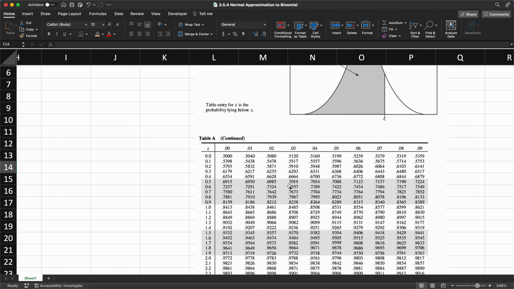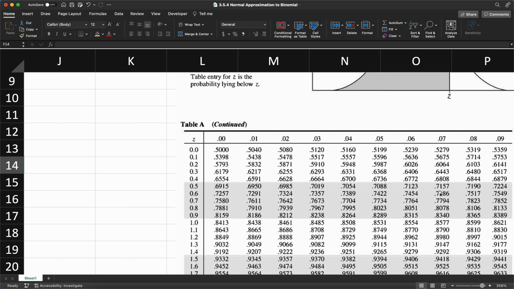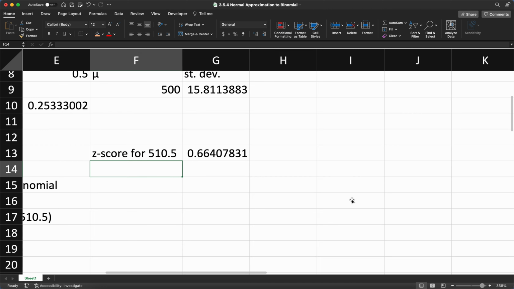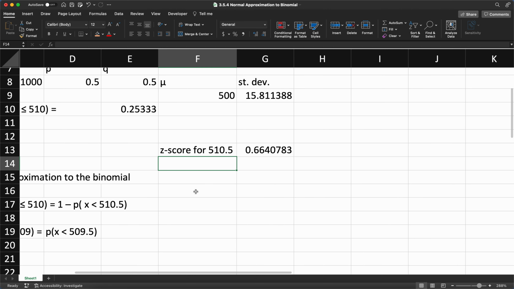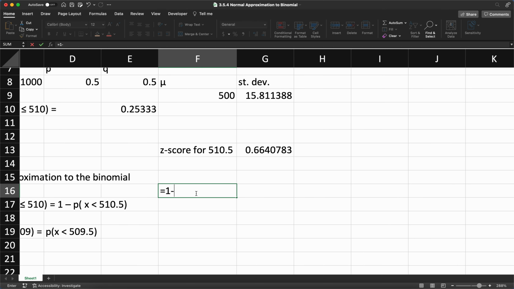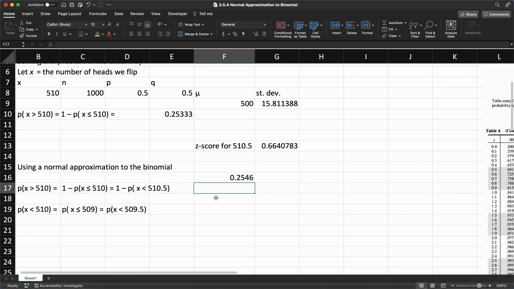So if I have 0.66, which is right here on this table, it's 0.7454, because we started at 0.6 and we want 0.66. So 0.7454 is the area below that value. So 1 minus 0.7454 gives me the normal approximation to this binomial.